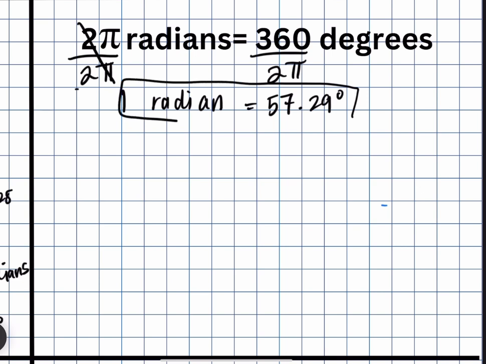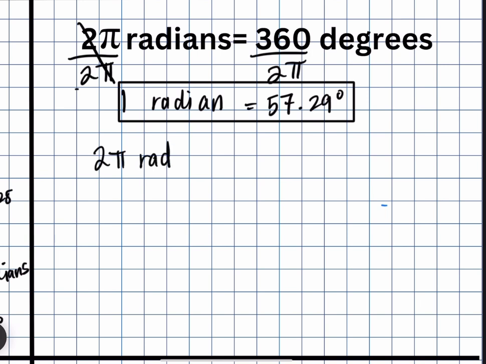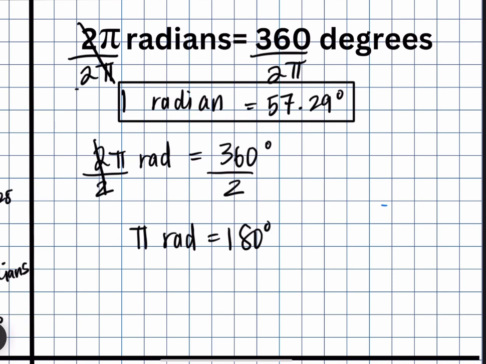Okay. Now, what I like to use for conversions is a simple fraction. So I take 2 pi radians equal to 360 degrees, and I divide both sides by 2. Okay. And that tells me that pi radians is the same as 180 degrees.